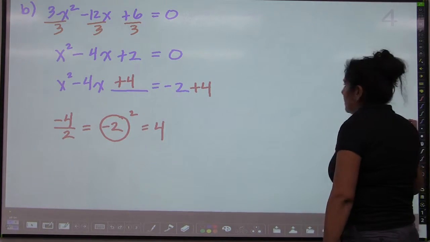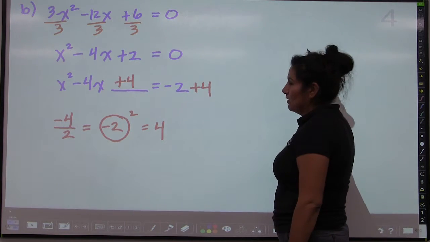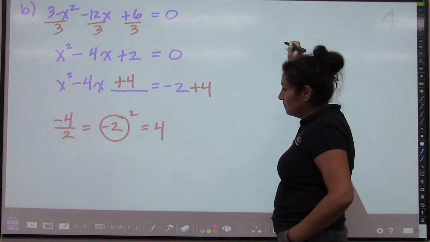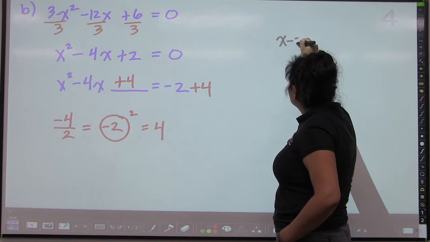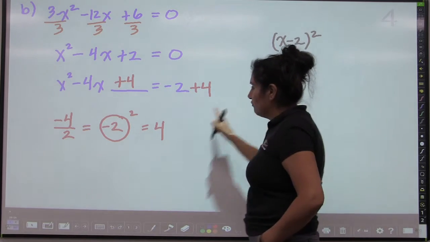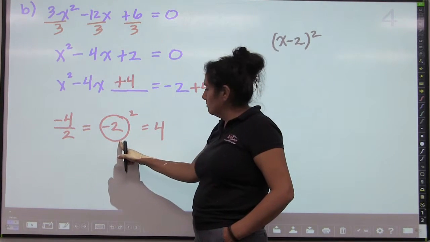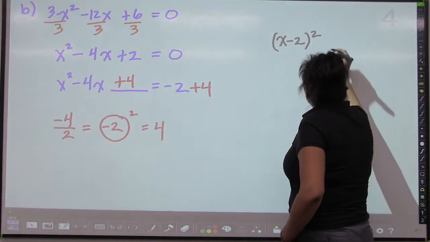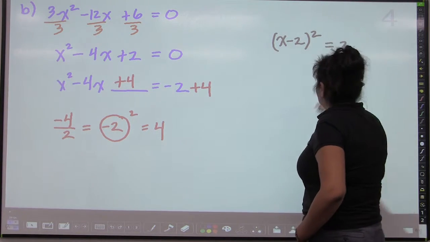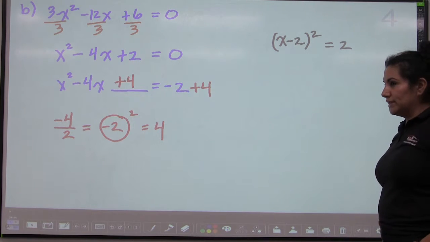And we're going to end up with, who can tell me what it's going to be factored? What's the factored form? X minus 2 quantity squared. The minus 2, again, coming from this number that I circled earlier. And then, of course, 4 minus 2 here is just 2. And now we're golden.